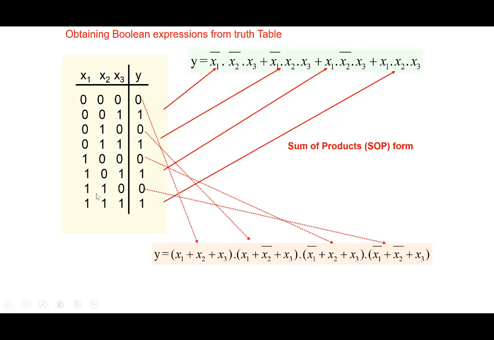And this one would be x1 bar plus x2 bar plus x3, right? These are all sum terms, and then they're linked together through a product. So we call it product of sum form. So there are two ways in which we can express Boolean expressions, in a sum of product form and in a product of sum form.